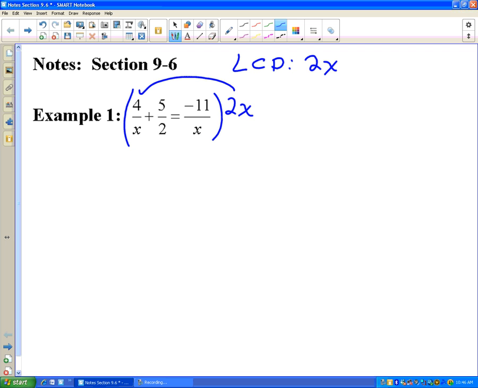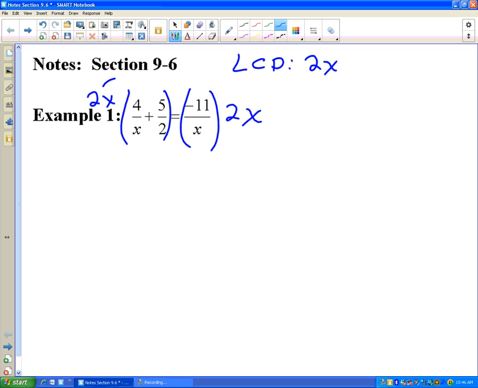I'm going to distribute it into every term on both sides of my equal sign. Technically speaking, I should probably write it like this, where on this side I'm multiplying by 2x, and on this side I'm multiplying by 2x. And here I have to distribute the 2x in. But by doing this, I'm going to cancel out my denominator.